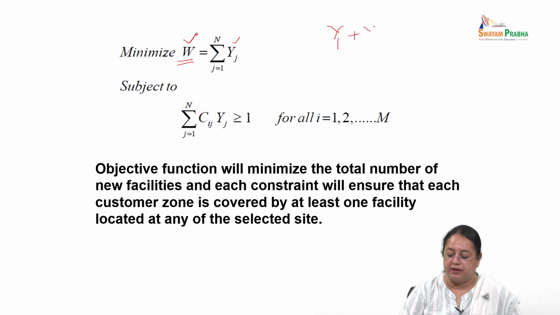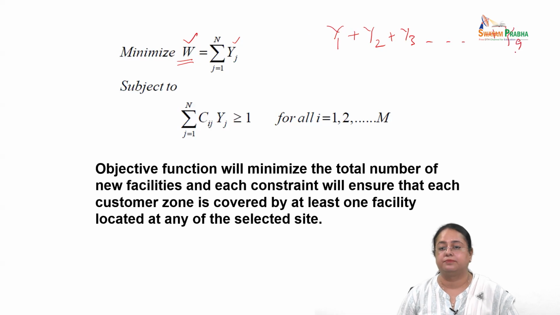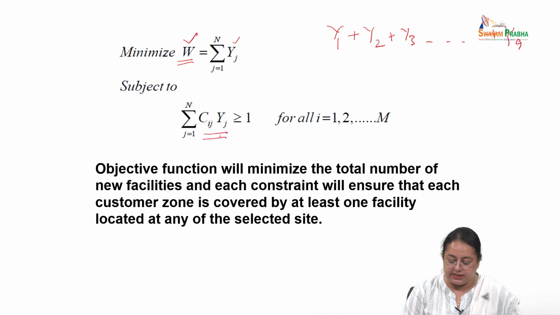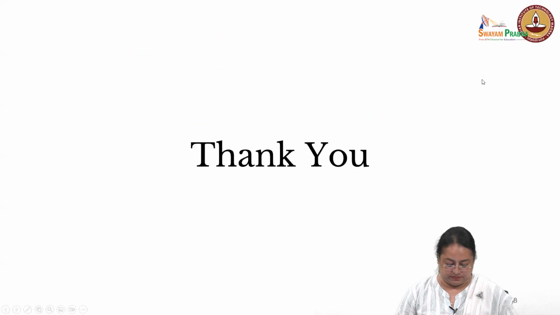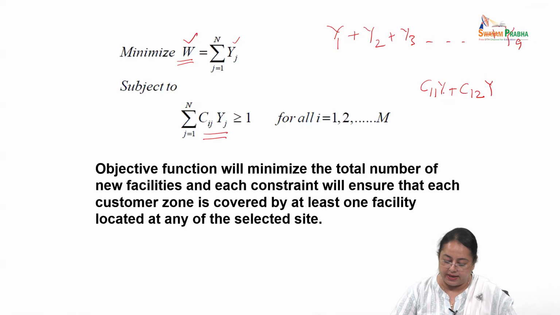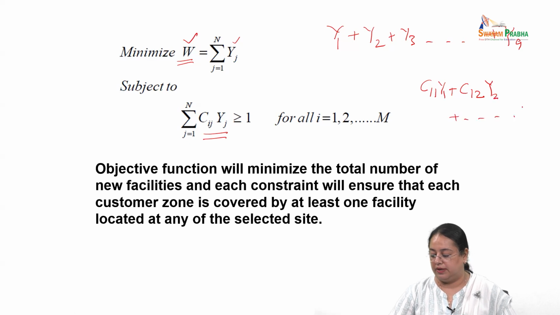Whether I should open the first facility, second facility, up to y9, in such a way that C11 y1 plus C12 y2 and so on is greater than or equal to 1.